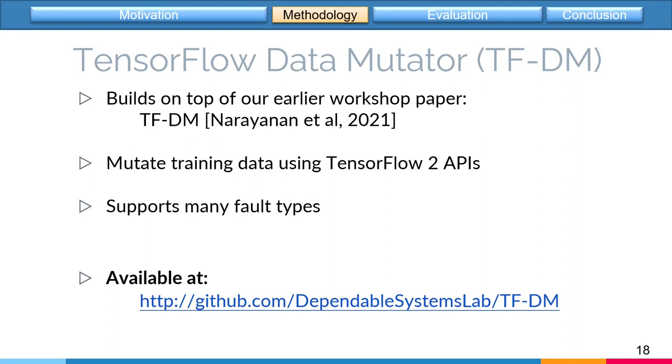As part of this work, we developed our own tool called TensorFlow Data Mutator, or TFDM for short, to systematically inject faults into the training data using TensorFlow 2 APIs. TFDM supports many different fault types, beyond those that are presented in this paper, and is available on GitHub. I encourage you to check it out.